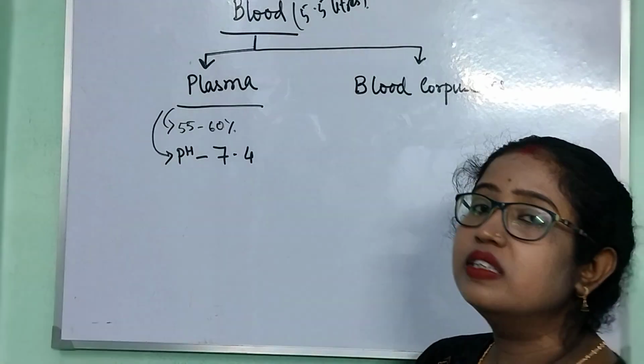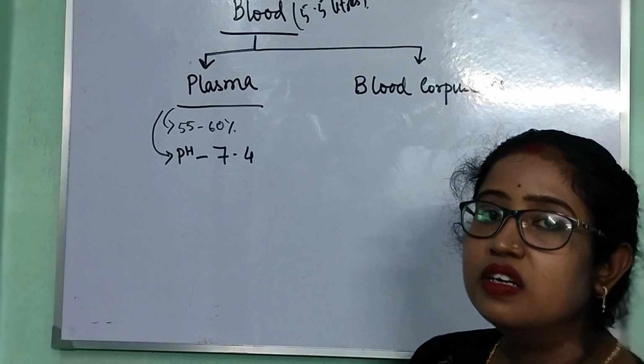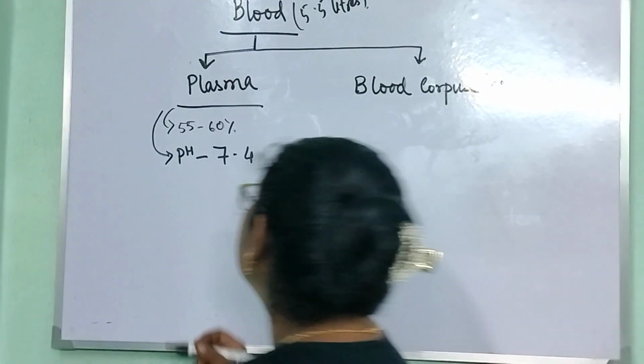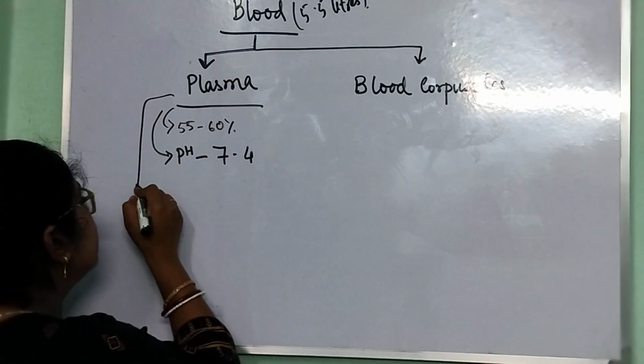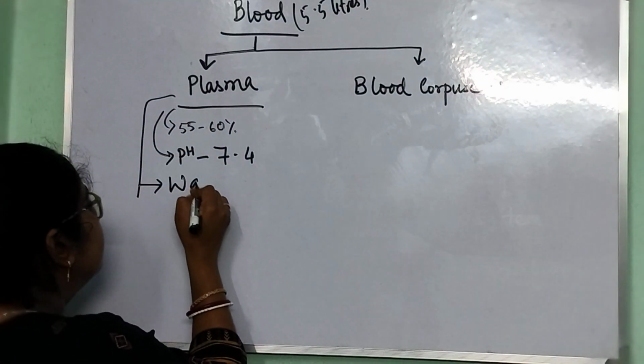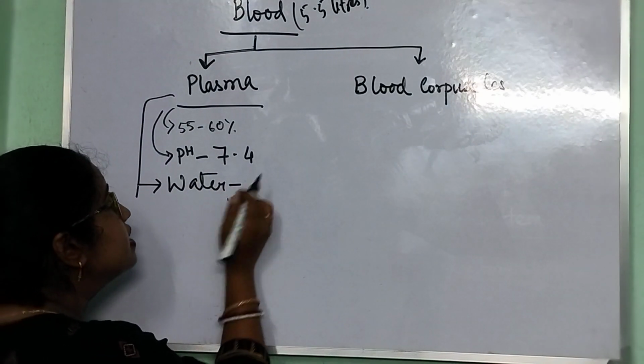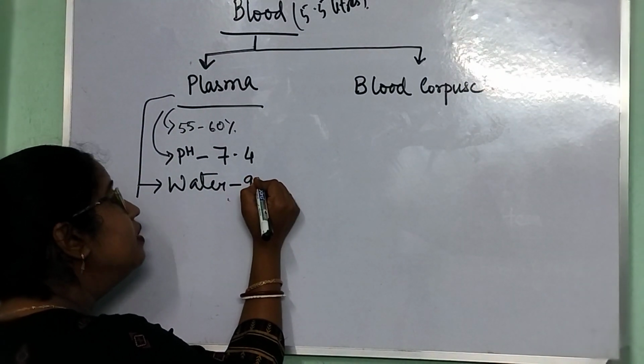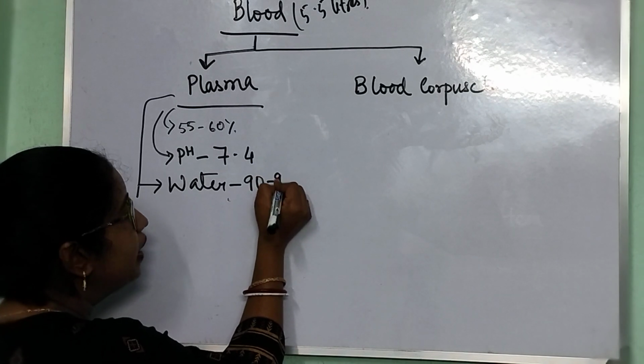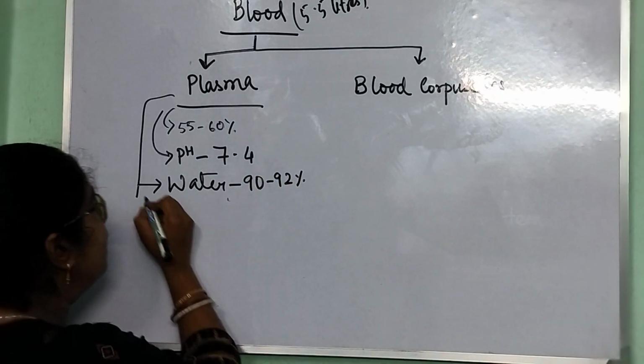The plasma contains mainly three components. The first one is water. The water content in plasma is about 90 to 92%.